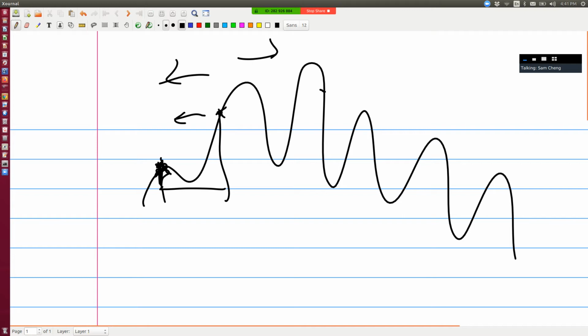I go in this direction, but each time I just go slowly. Maybe I step this much, then I repeat here, compute the gradient again, move a tiny little bit again, and continue moving, and eventually move to somewhere here. It's only a local minimum, of course.